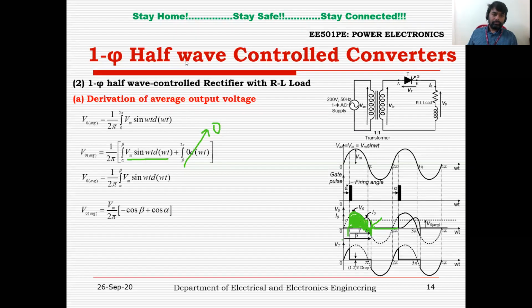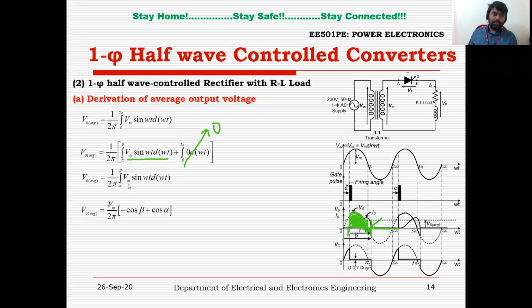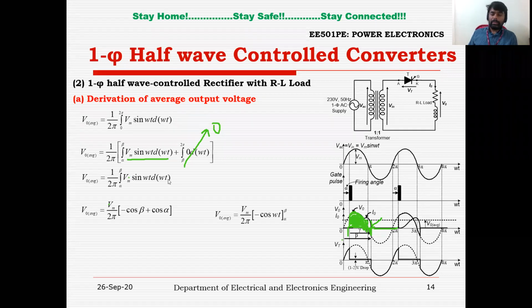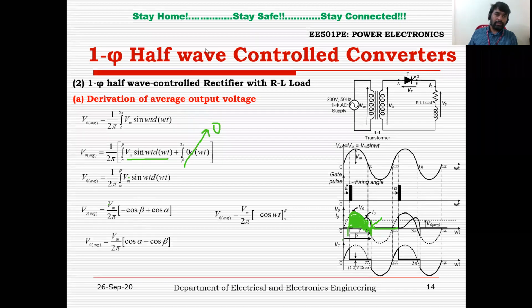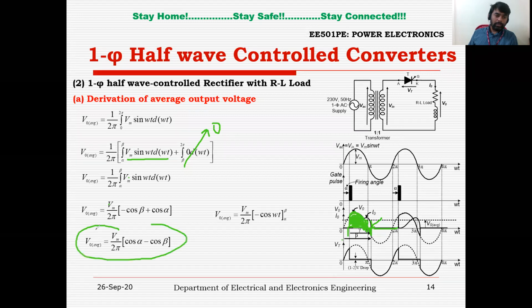You can take Vm common, so it is Vm by 2 pi. Integration of sin omega t is minus cos omega t. Substituting the upper limit beta and the lower limit alpha, it will be minus cos beta minus of minus cos alpha. If you rewrite the above expression, it will be Vm by 2 pi into cos alpha minus cos beta.